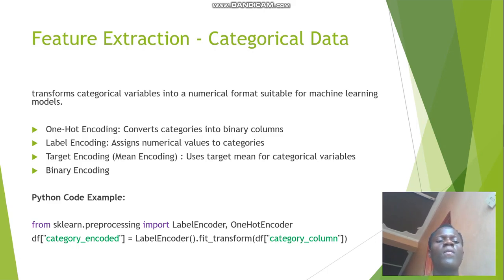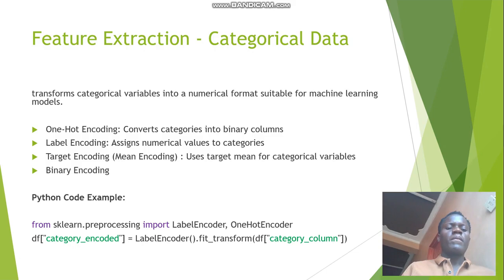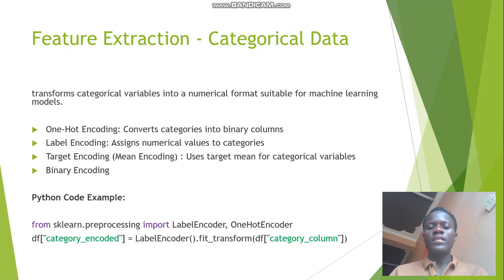We have label encoding, which assigns numerical values to categories. We have target encoding, which uses the target mean for categorical values, and binary encoding. Python example from scikit-learn preprocessing: we imported this library for OneHotEncoder, as you can see.